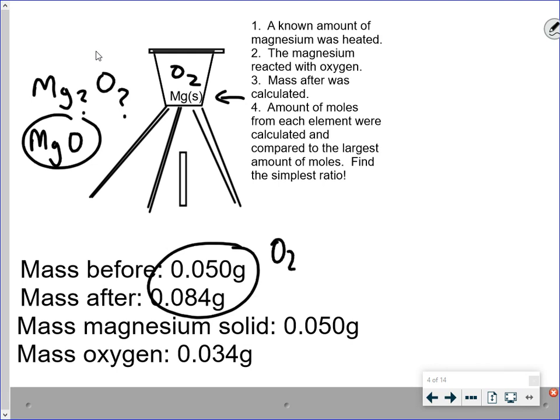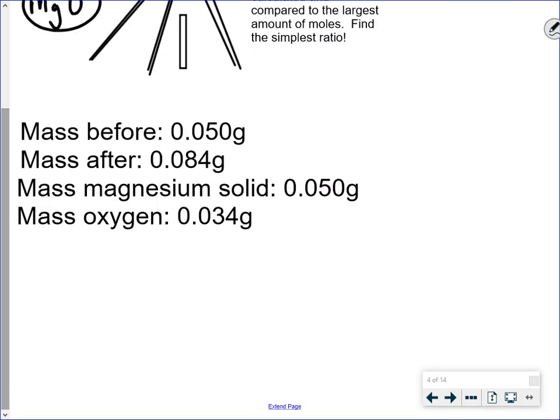Now, to do this next part, we have to find the moles of the substances. We're going to use that shortcut: number of moles is mass over molar mass. To compare these two fairly, we have to figure out the moles.